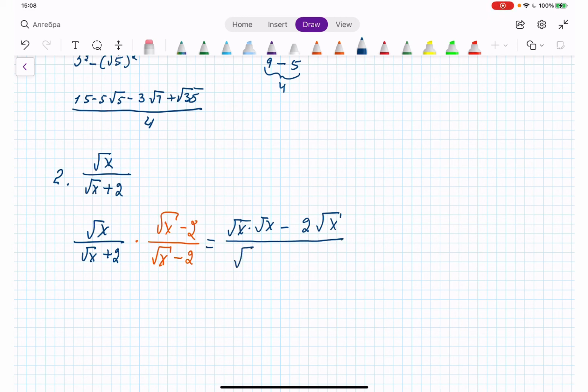It's going to be square root x squared minus 2 squared, which is going to be in numerator square root x times square root x. It's x comes out. Minus 2 square root x, it stays the way it is. We can't do anything. Square root x squared, it's going to be x. And 2 squared, it's going to be 4. And we are done.